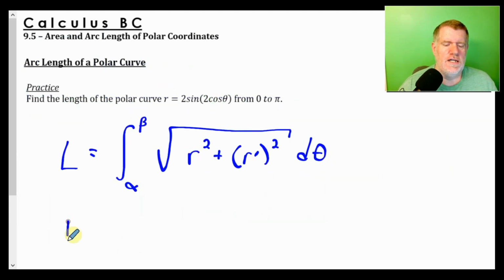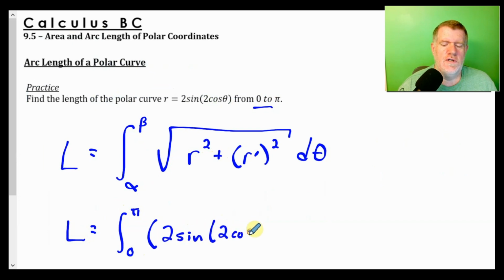So our length will be from 0 to pi, because it's given, of the square root of r squared, so 2 sine of 2 cosine theta squared, plus r prime.